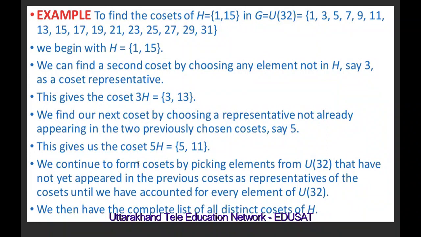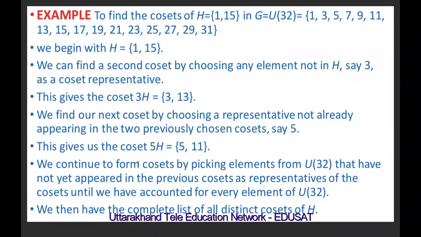We can find second coset by choosing any element not in H, say 3 as a coset representative, and this gives the coset 3H, which is equal to {3, 13}. We find our next coset by choosing a representative not already appearing in the two previously chosen cosets, say 5. This gives us a coset 5H, which is equal to {5, 11}.